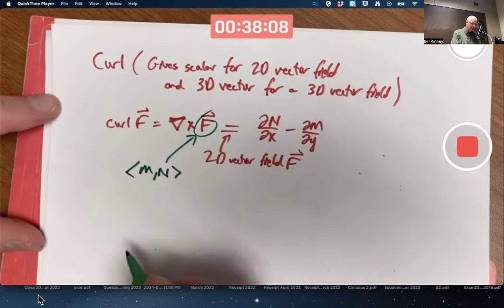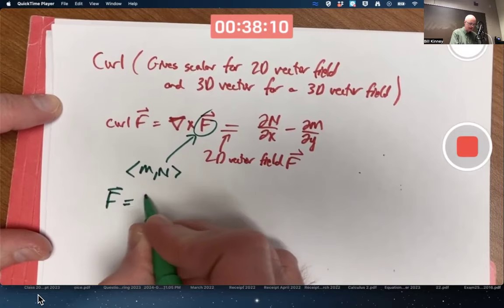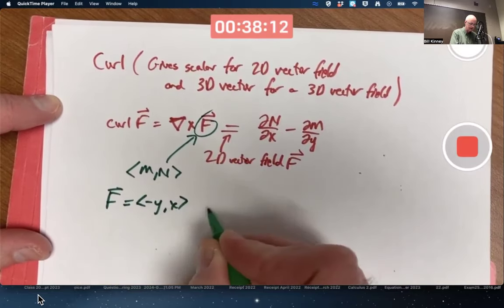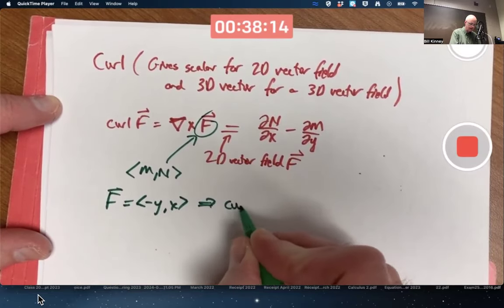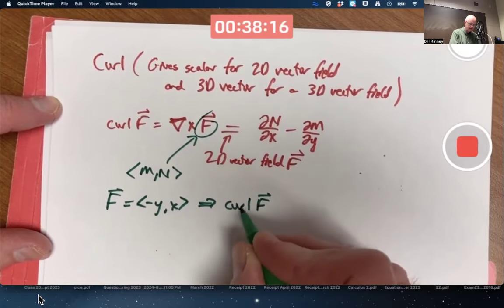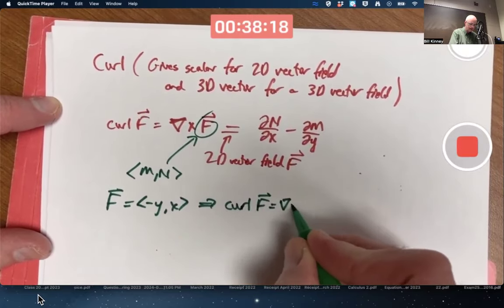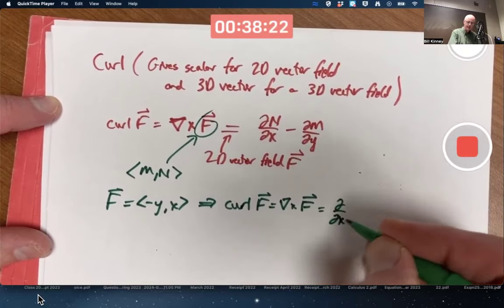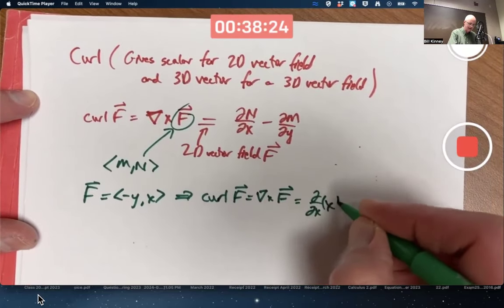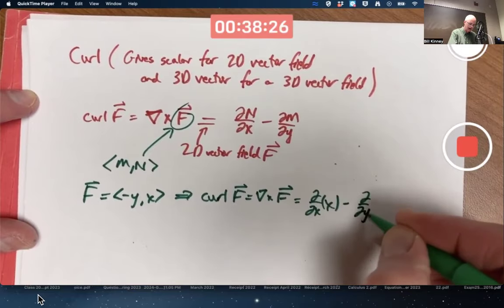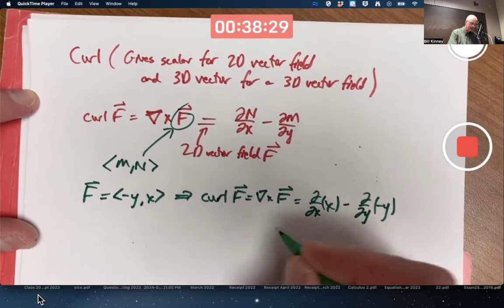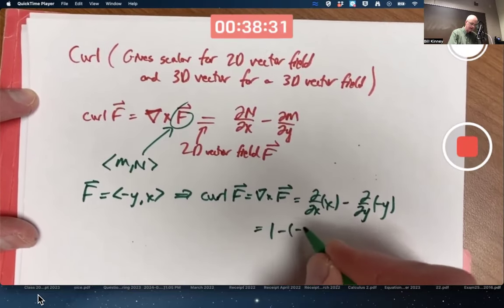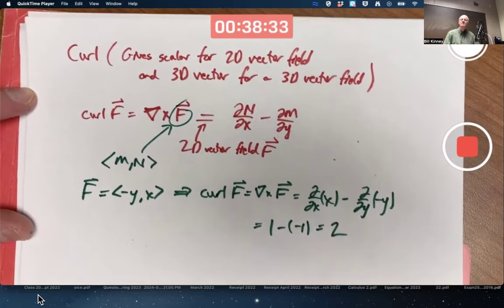So for our example, if F is negative y, x, that means the curl of this, using either notation, is the derivative with respect to x of x minus the derivative with respect to y of negative y, which gives 1 minus negative 1, 2.